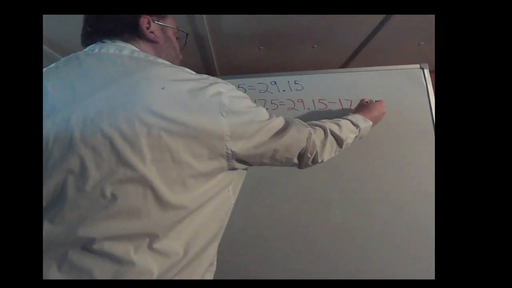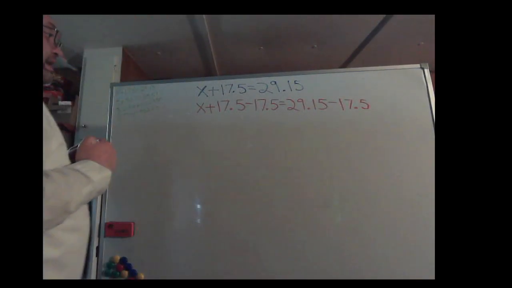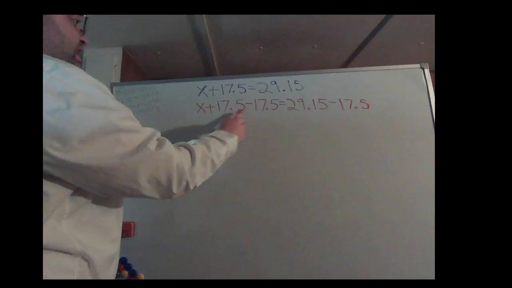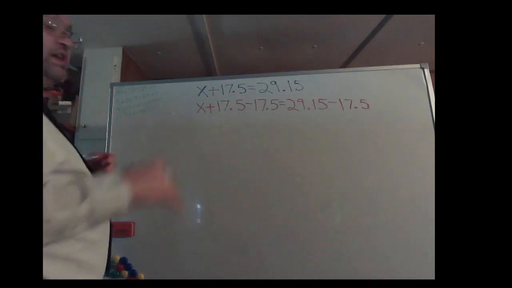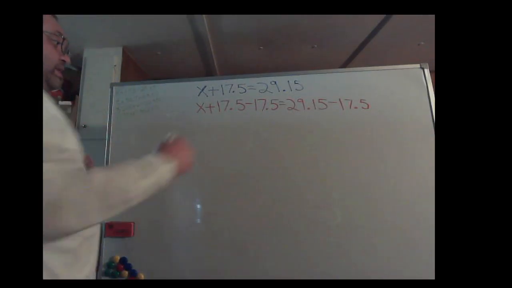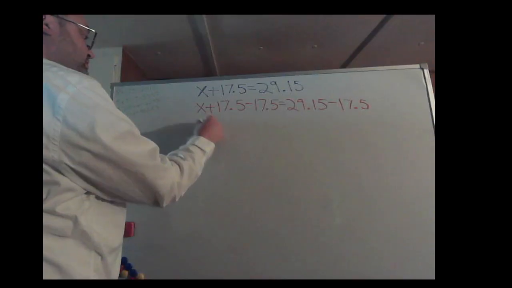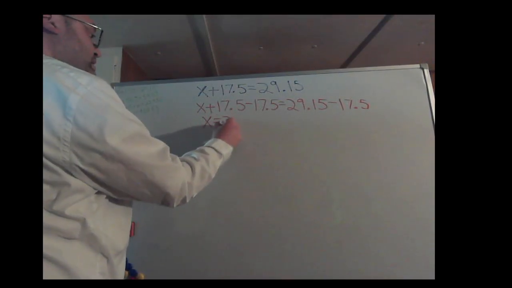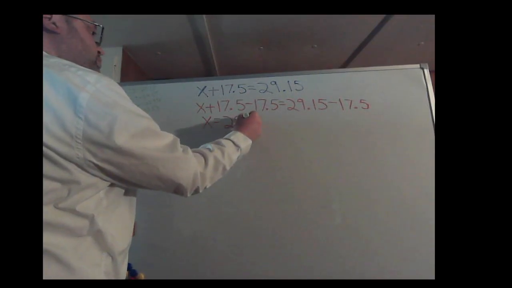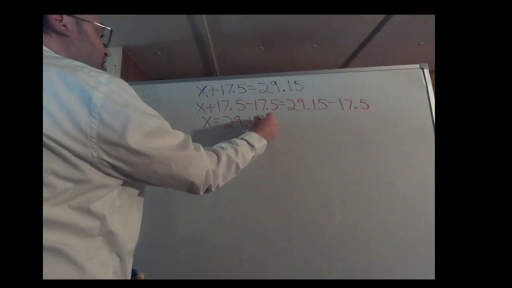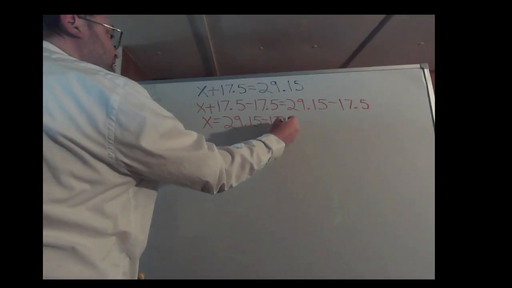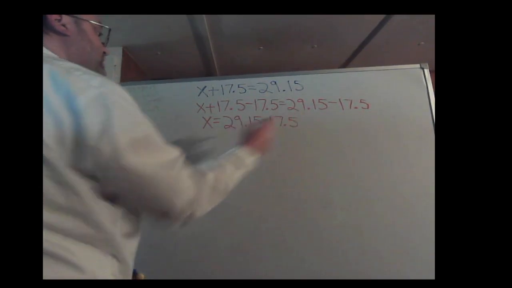Okay? Well, we now have 17.5 minus 17.5. That'll go to 0. X will end up being by itself. We'll have x equal to 29.15 minus 17.5.